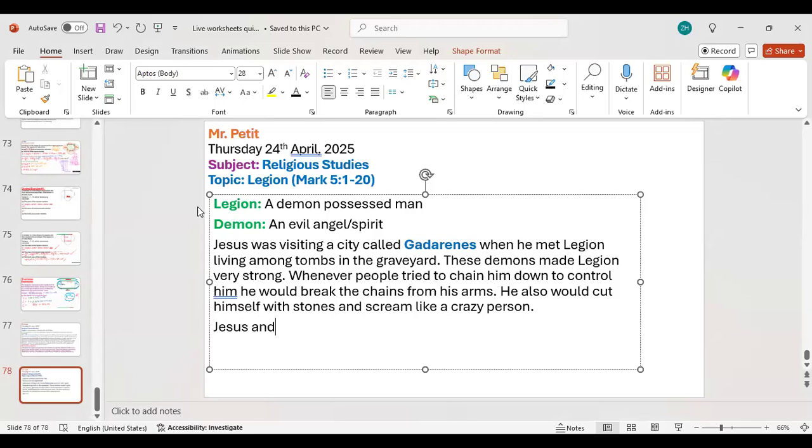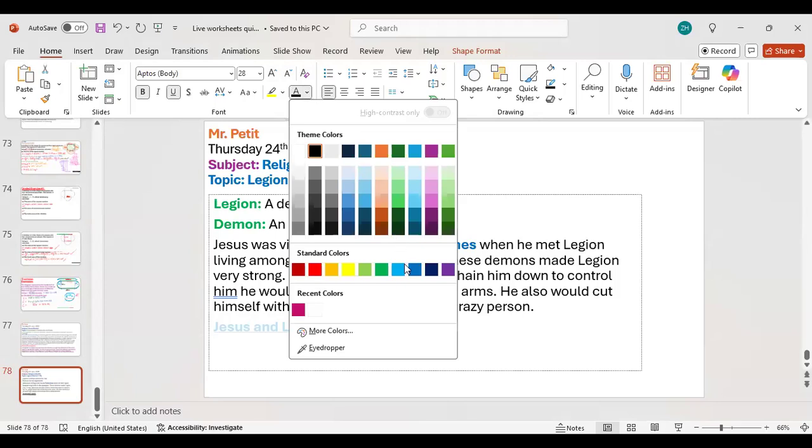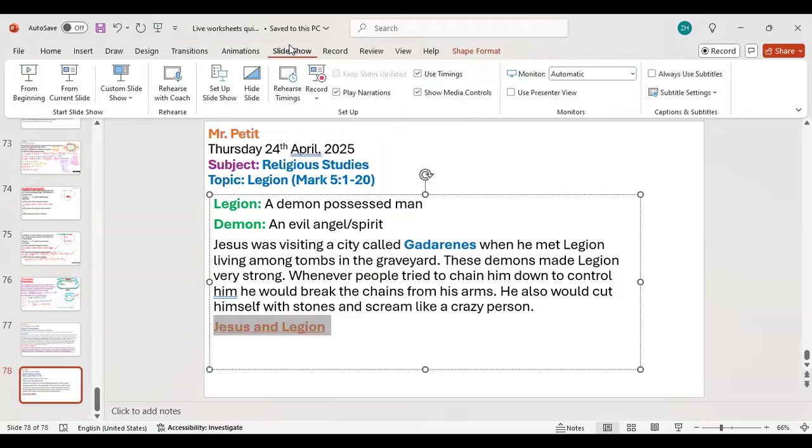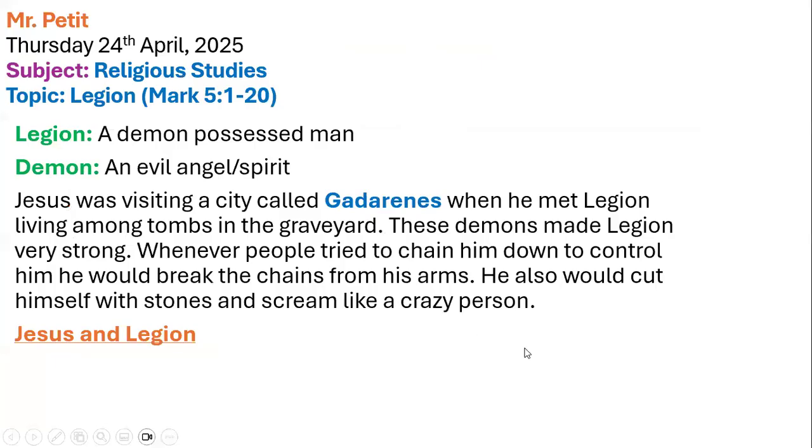So, all right. Give me some of the characteristics of Legion that made him unappealing to others. Aggressive. Crazy. He was cutting his wrist with the rocks. Dangerous.